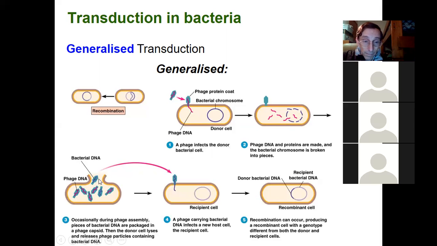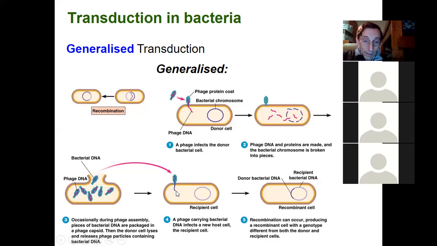But if we follow what happens to this virus that has the DNA from the bacterial cell in it, that virus will infect another bacterial cell, and it will inject the DNA that's inside that virus into the cell. But note that this DNA is not viral DNA, so it doesn't code for the destruction of the chromosome of this bacterial cell.